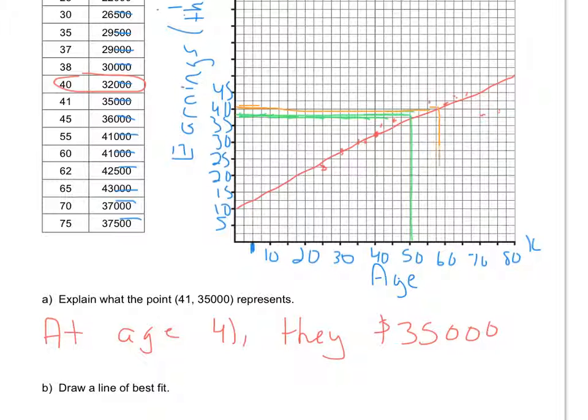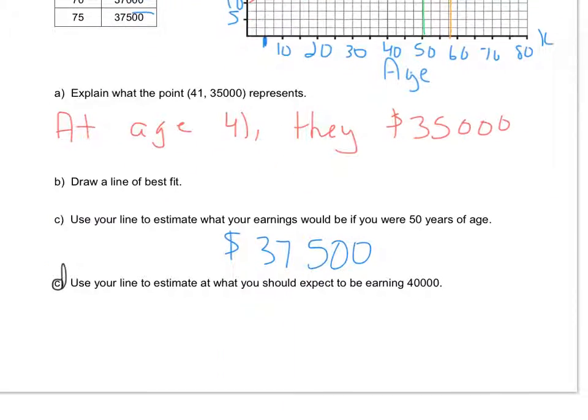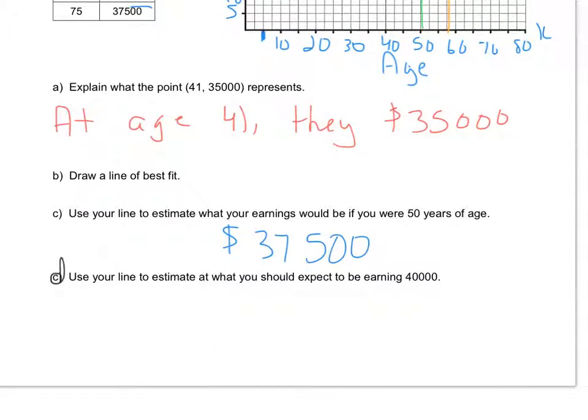Hit your line of best fit, and then come down. So this is 50, this is 55, this is 60. So just past in between 55 and 60, so about 58. And yours could be different depending on your line of best fit.